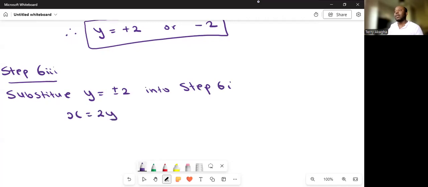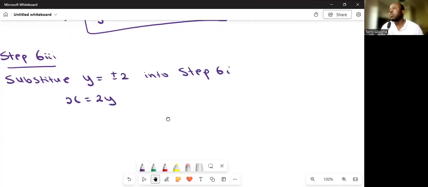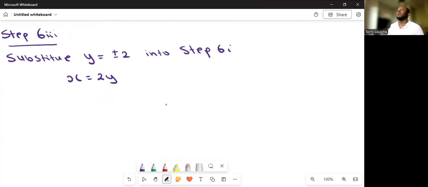So that means we can now get the value for x. There are two possible values. So we can solve when y is equal to plus 2, or when y is equal to minus 2. So when y is equal to plus 2, x will be equal to 2y.